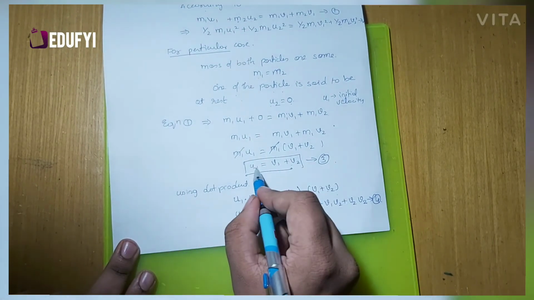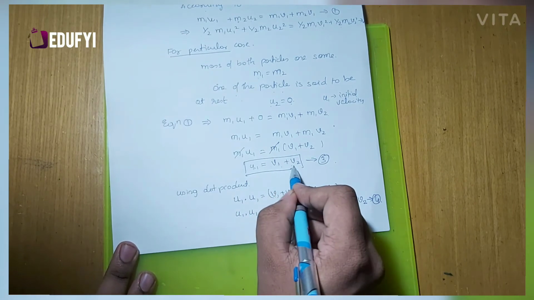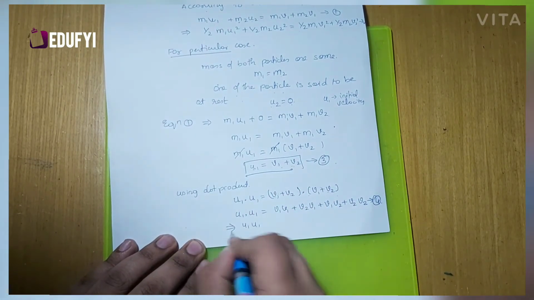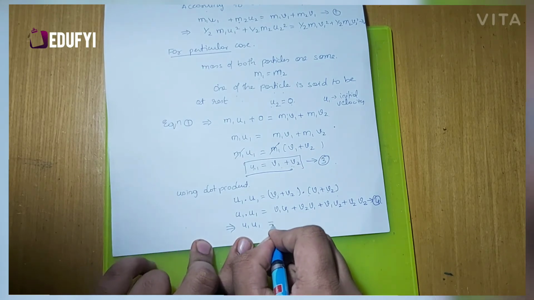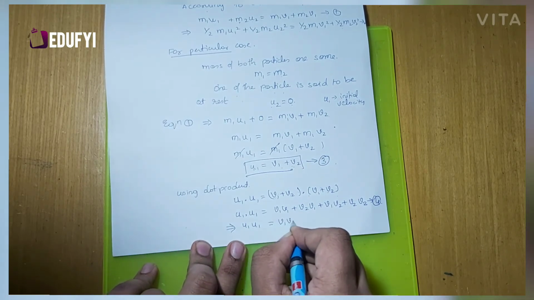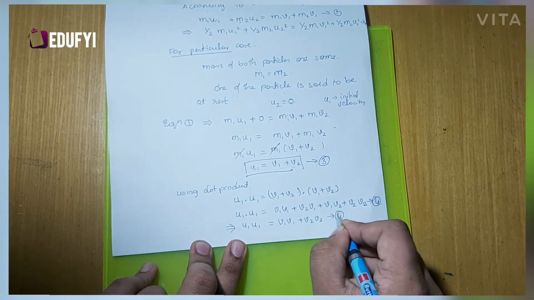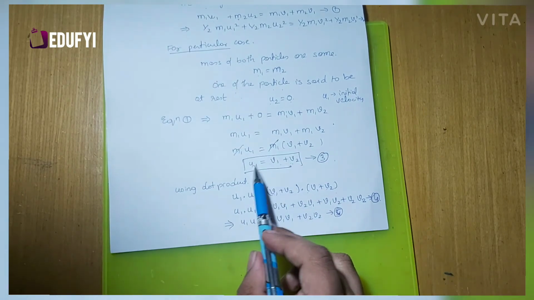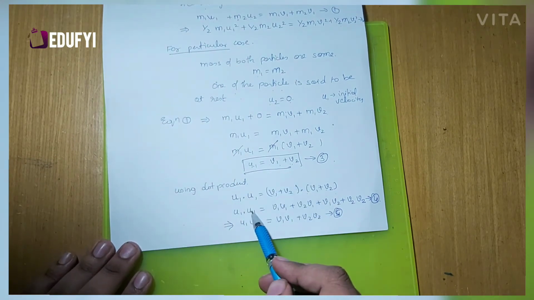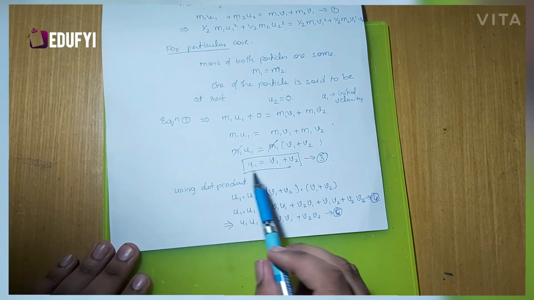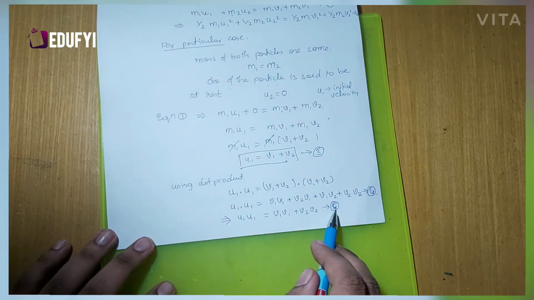But for elastic collision, you know that u1 is equal to v1 plus v2, and the kinetic energy relation gives u1 dot u1 is equal to v1 dot v1 plus v2 dot v2. This is the fifth equation.